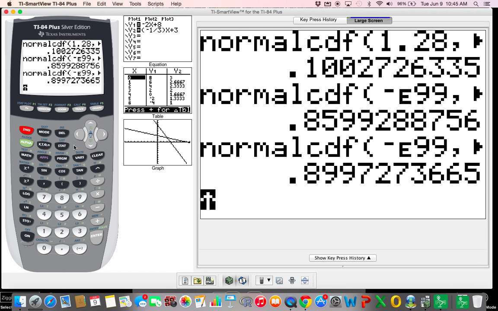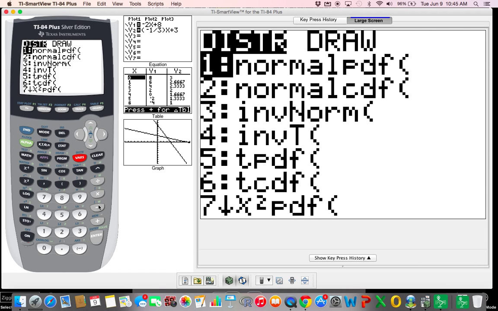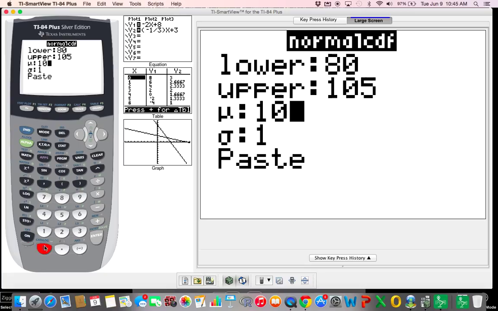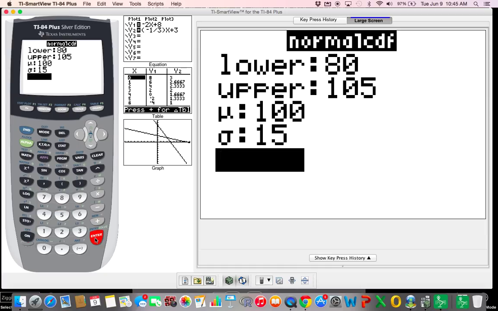Well, gang, again, the calculator just makes it simple. Just bust it out. Normal CDF. Our lower bound here was 80, our upper bound is 105, our mean is 100, and our standard deviation is 15. So we don't always have to have a mean of 0, standard deviation of 1. Turns out we will once we get into fancy stuff and study some central limit theorem and hypothesis testing, but right now, we're not there yet.